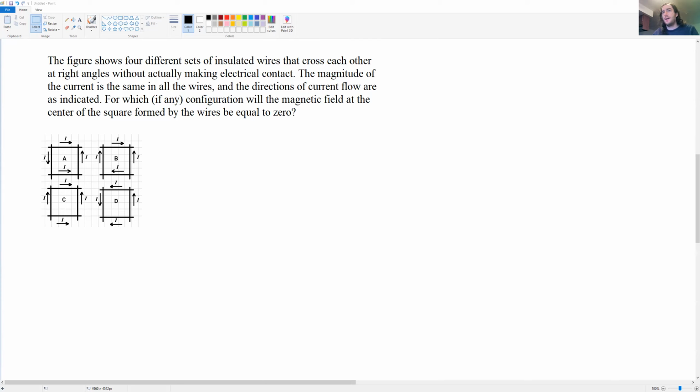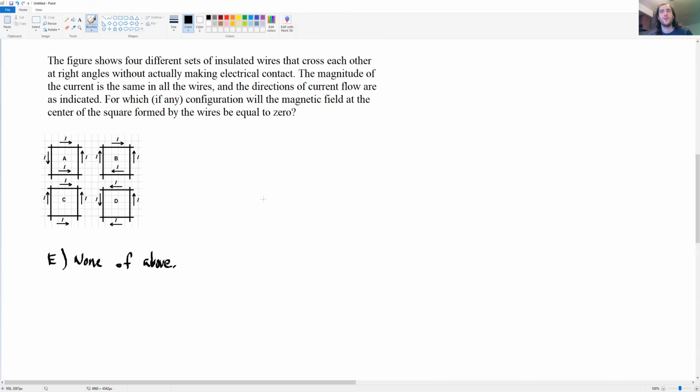So this is a question here where we're looking at some loops of wire, and each of these wires is making a right angle with respect to one another. The magnitude of the current is the same in each of these wires.